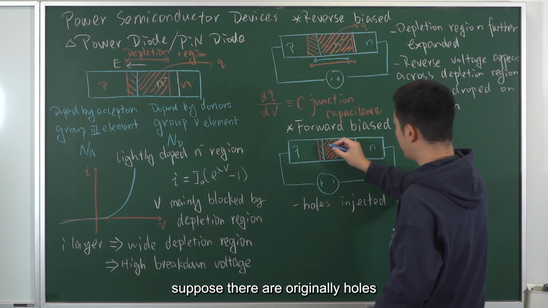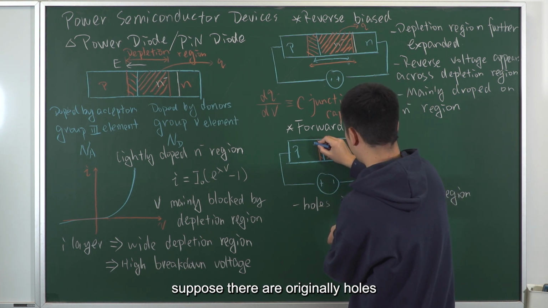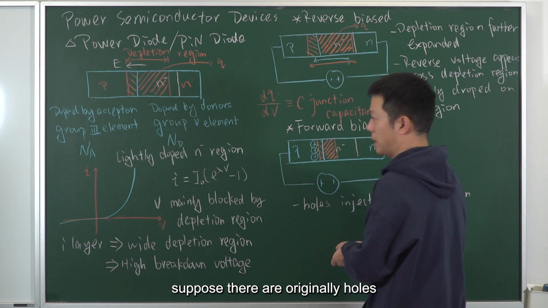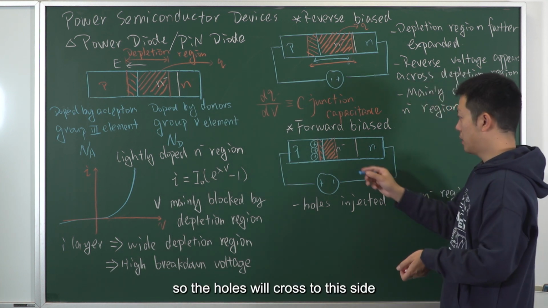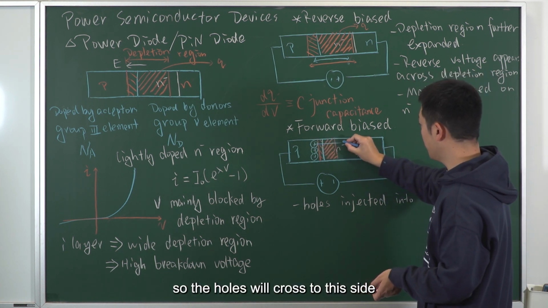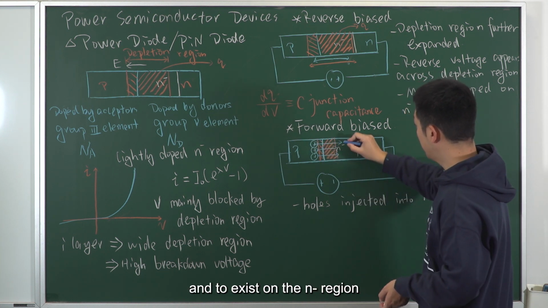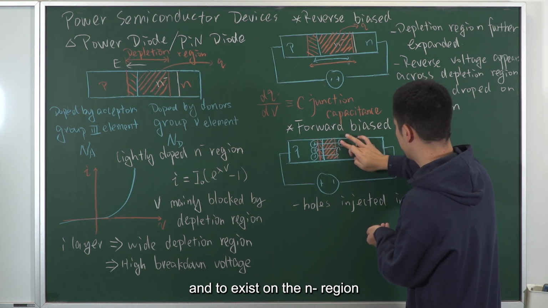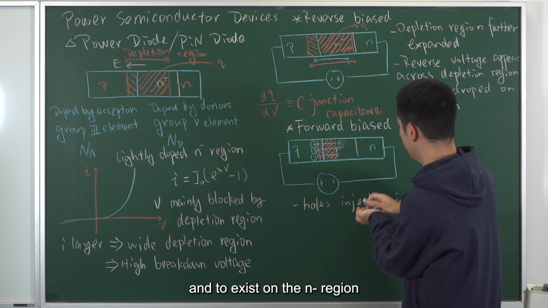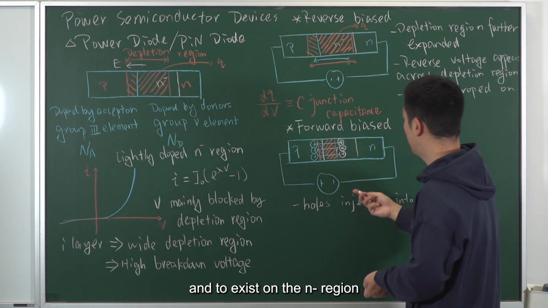Suppose there are originally holes, right? So the holes will diffuse, will cross to this side and exist in the N minus region.